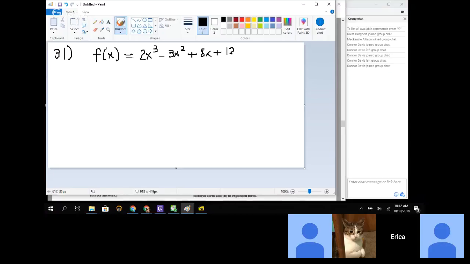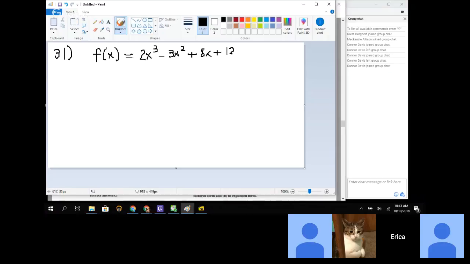Okay. Now, actually, I told you I was going to give you a minute to get started, but the first thing that you have to do, like I said, this is the only cubic function that you have to do. There's a couple that are to the 4th power, but those are actually a little bit easier. So this is the only cubic function that you're going to do.